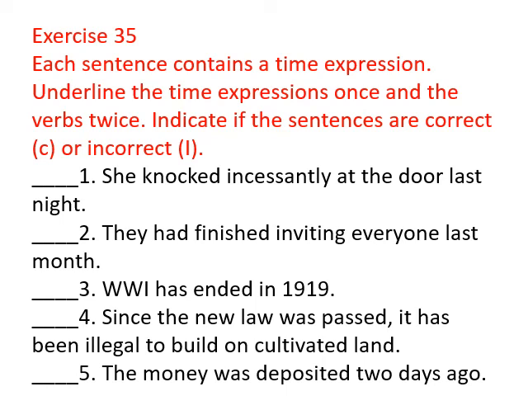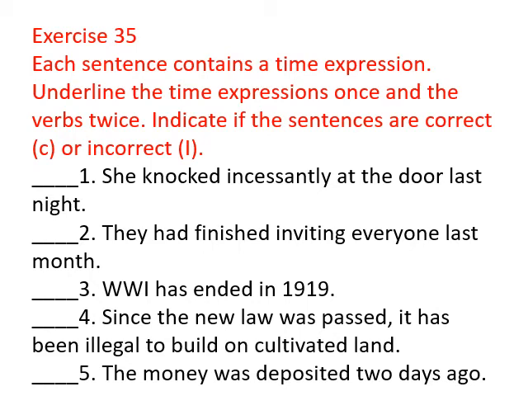نشوف exercise 35. Each sentence contains a time expression. هشوف الجمل مع التايم expressions دي صح ولا غلط. She knocked incessantly. incessantly يعني without stopping. She knocked incessantly at the door last night. last night, this is a time in the past, يبقى it's correct to use past simple.